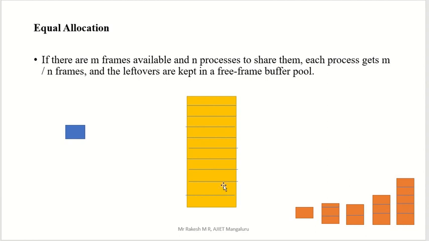That page we are going to take in these 2 blocks, because only 2 frames are allocated by using equal allocation. And whenever the CPU needs other pages, then use your page replacement algorithm. Replace this page and take another page in this place. Okay, this is your equal allocation method.